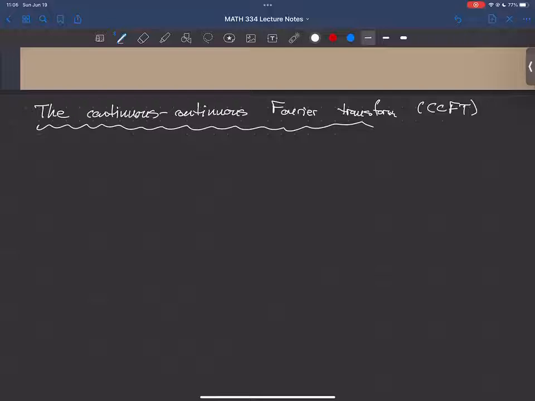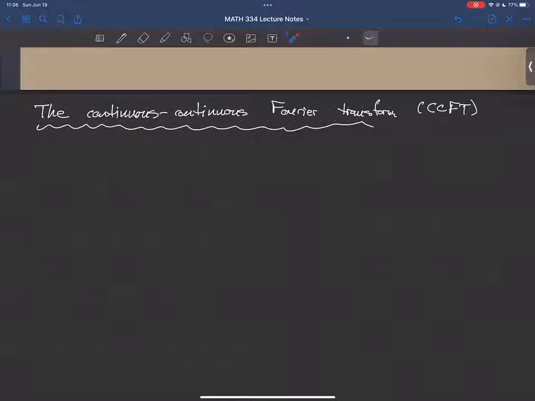And so you remember that our naming convention, the first thing here refers to time. So this means continuous time, and this means continuous frequency, as opposed to the CDFT, which had continuous time and discrete frequency. Okay, and the discrete frequency for the CDFT resulted in the fact that we had periodicity in time.